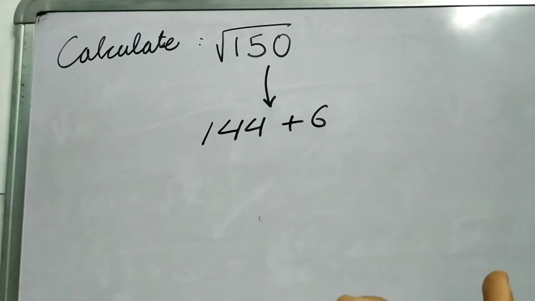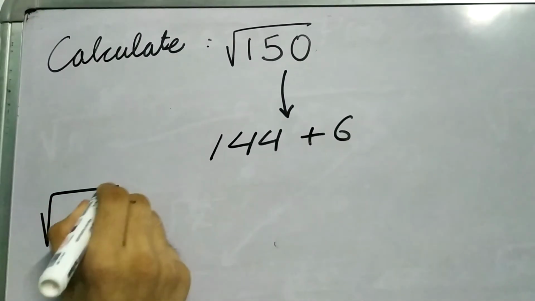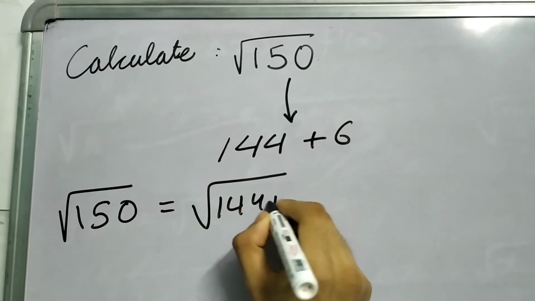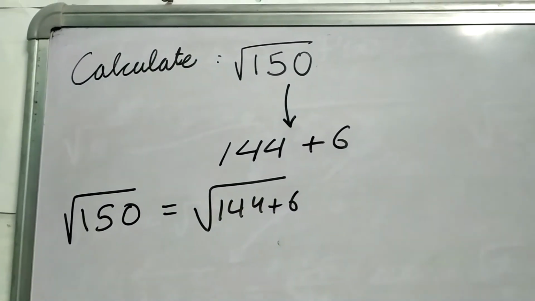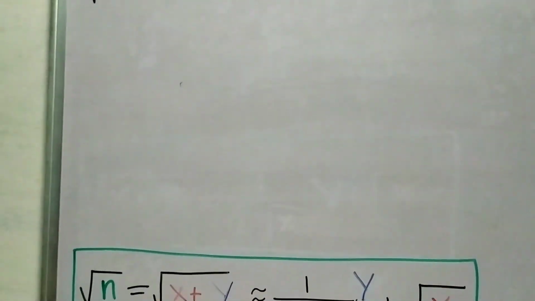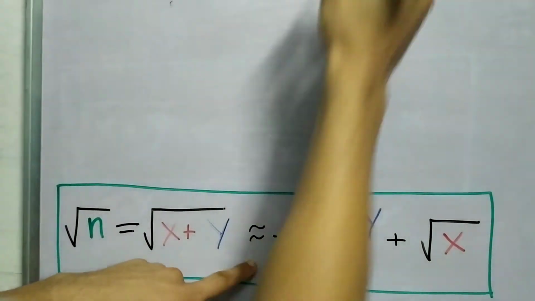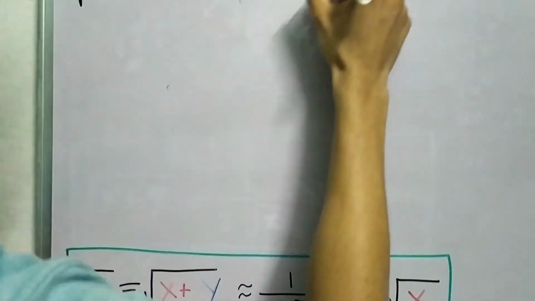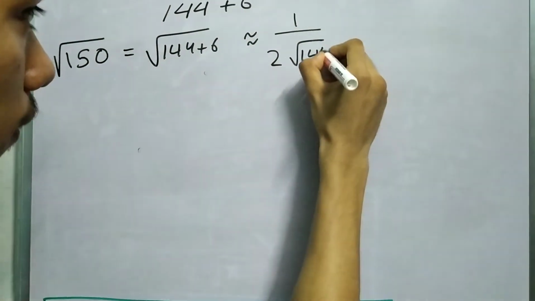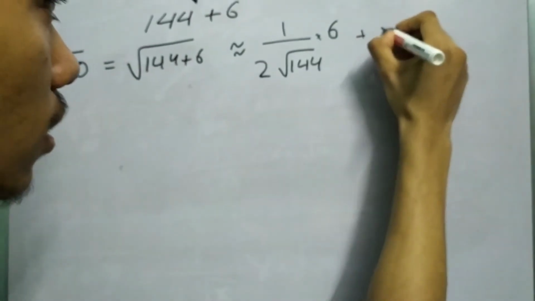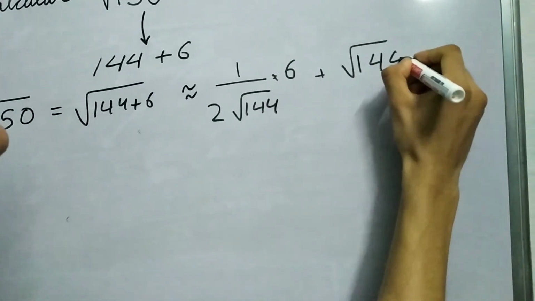144 is 12 square. So root 150 is root 144 plus 6, and this is approximately, well, just put in your values. X is 144 in this case, so approximately 1 upon 2 root 144 times y, which is 6, plus root 144.